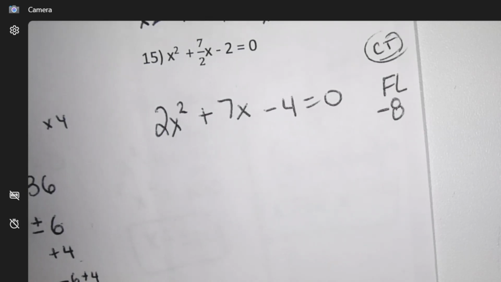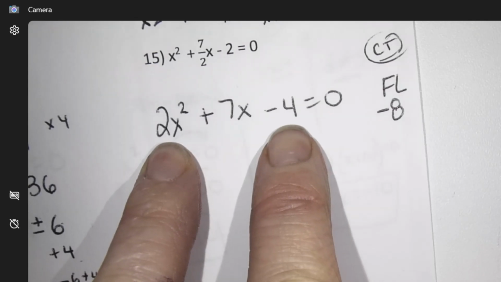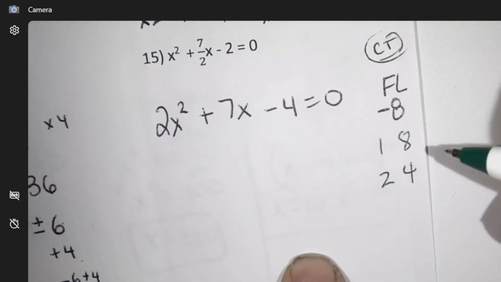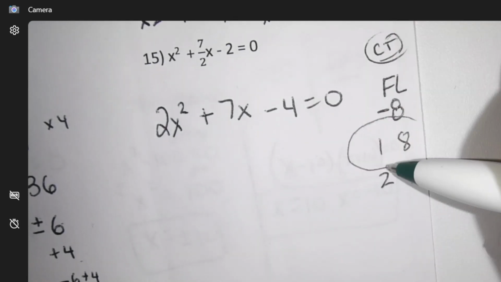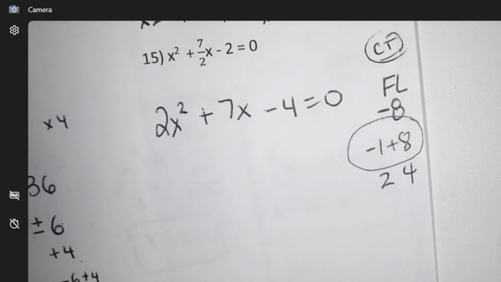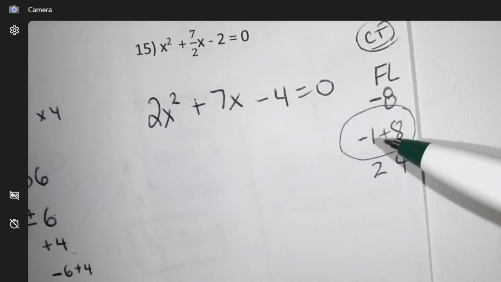Okay, so my FOIL number now is negative 8. I have to produce a positive 7. I have to produce a positive 7. So there's my OI.